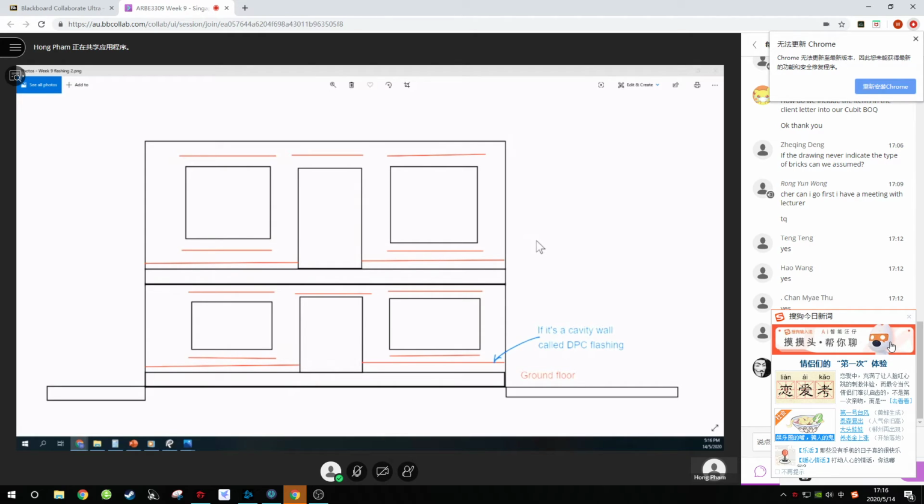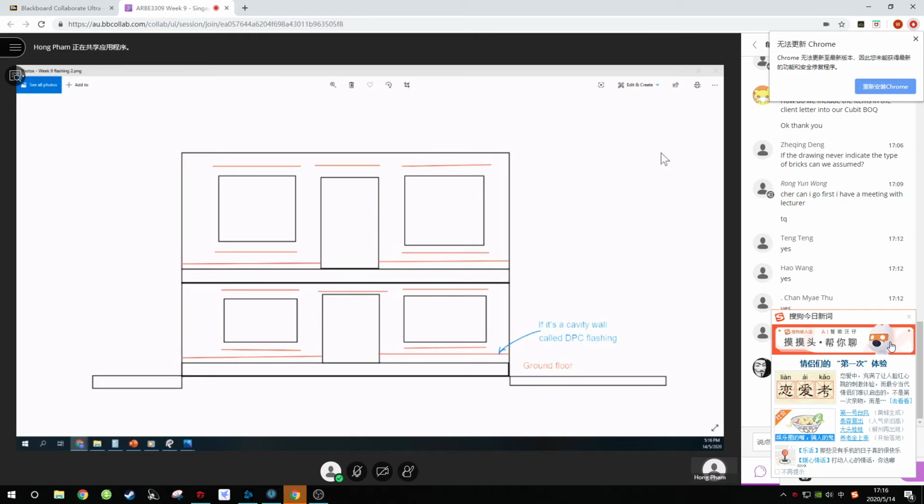The first kind is the head flashing for the windows and door, sill flashing for the windows. And this is the cavity flashing for the slab. This part is a door. The door, of course, has no flashing because there's nothing here. There's no walls. So there must be a wall before you talk about flashings.